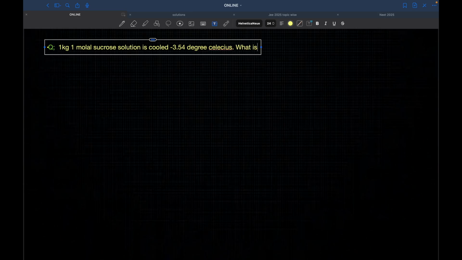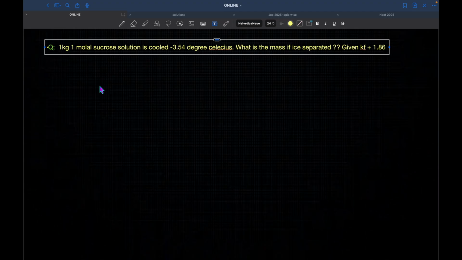What is the mass of ice separated? You have to calculate the ice separated. Given Kf for the solution is 1.86 Kelvin kg per mole.